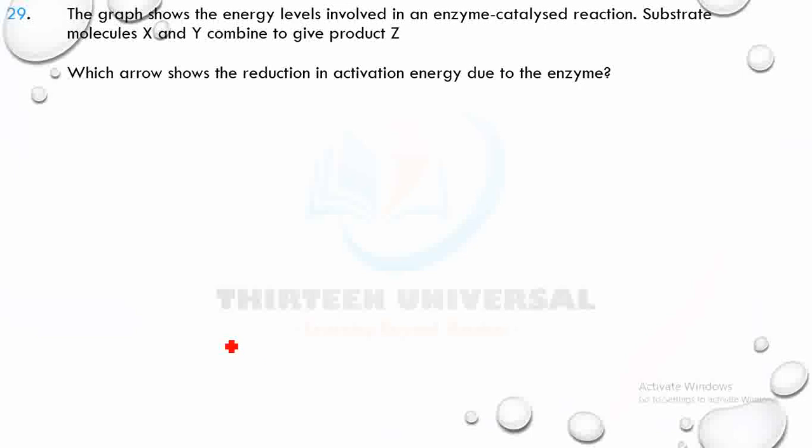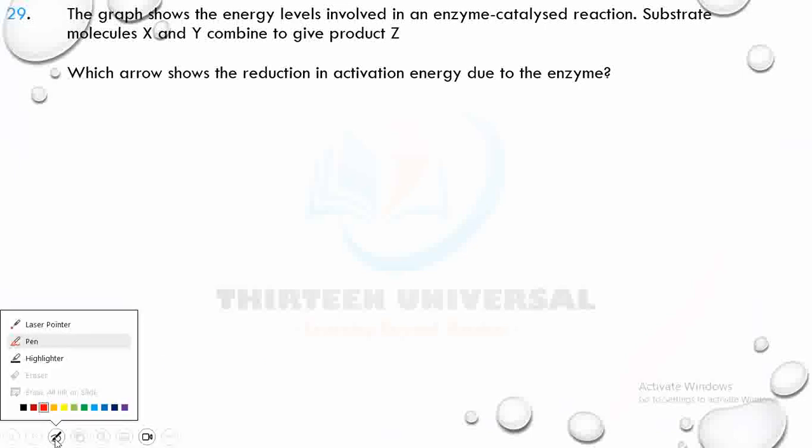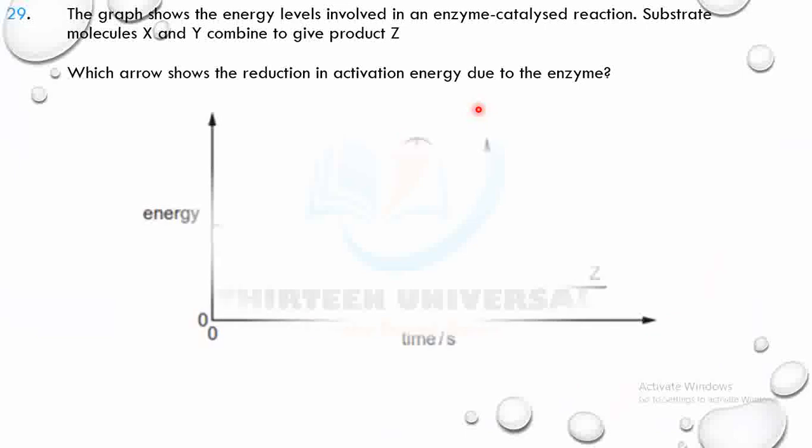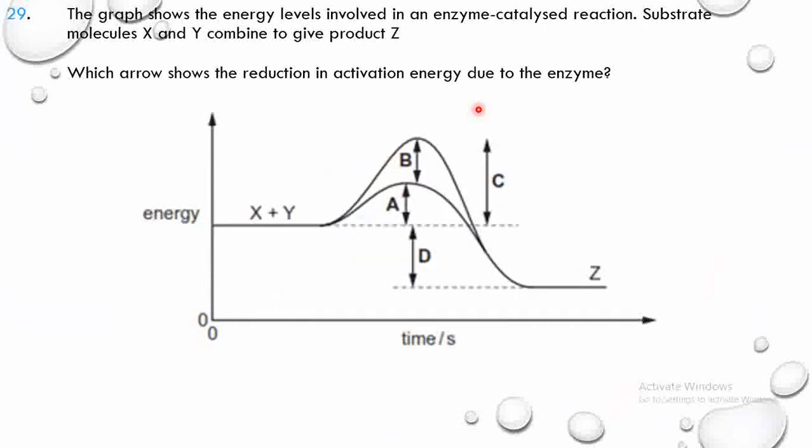So the graph shows the energy levels involved in an enzyme catalyzed reaction. Substrate molecules X and Y combine to give product Z. Which arrow shows the reduction in activation energy due to the enzyme? Okay, this is catalyzed because the enzyme lowers the activation energy.